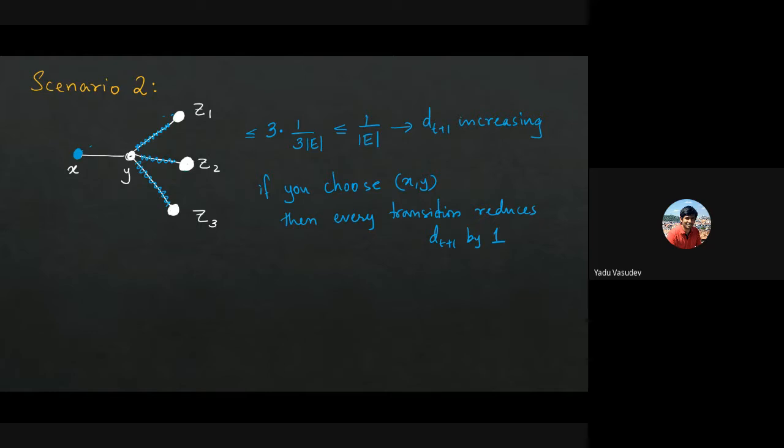Correct. So it doesn't really matter. So this is what will be taken care of. If xz3 was an edge, you don't need to consider it. You will be looking at only z1, z2, and xz3 will anyway decrease that value. So the case where z1, z2, z3 are all not adjacent to x will be covered in this case.